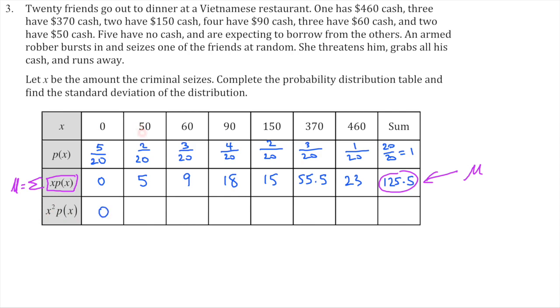The next one will be 50 squared times 2 on 20. 50 squared times 2 on 20 gives 250. 60 squared times 3 on 20, 540. 90 squared times 4 on 20, 1620. 150 squared times 2 on 20, 2250. 370 squared times 3 on 20, 20,535. And 460 squared times 1 on 20, 10,580.